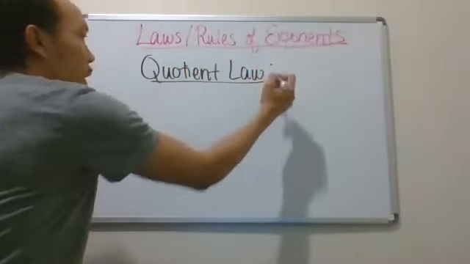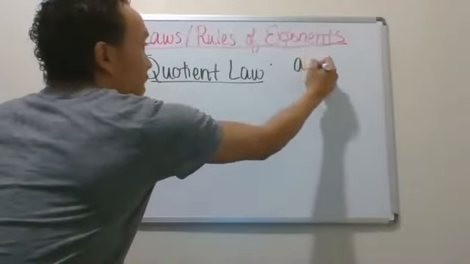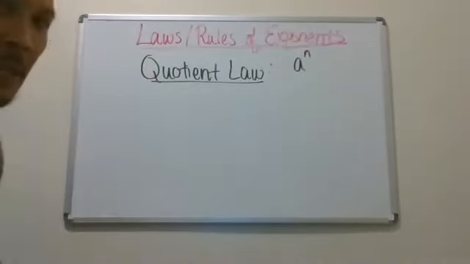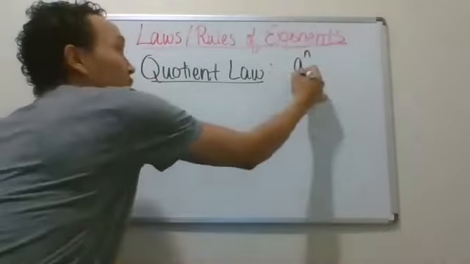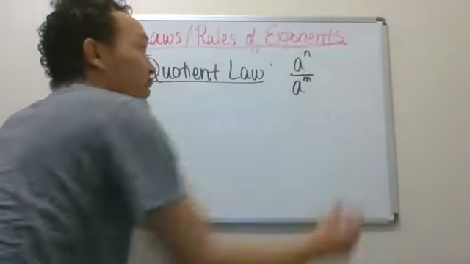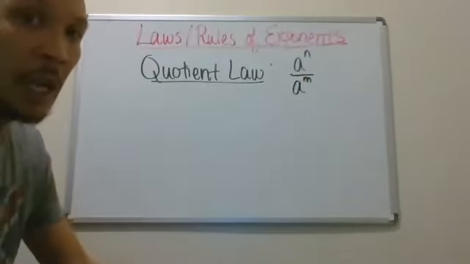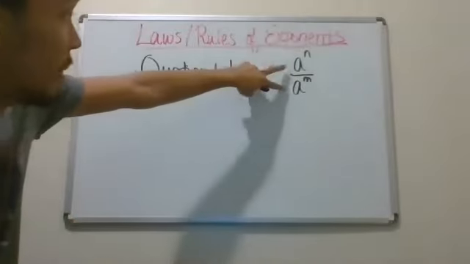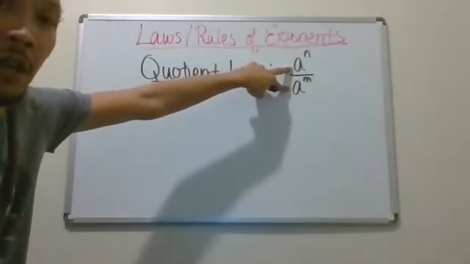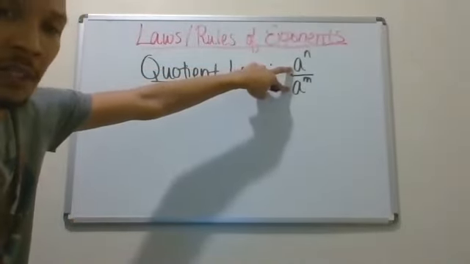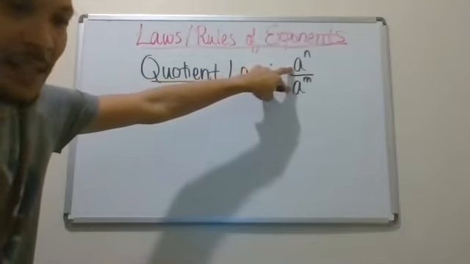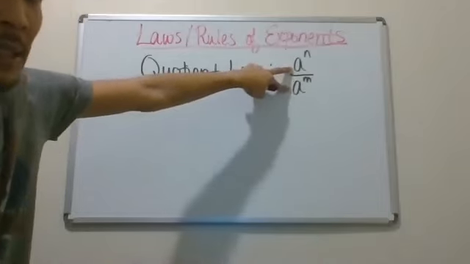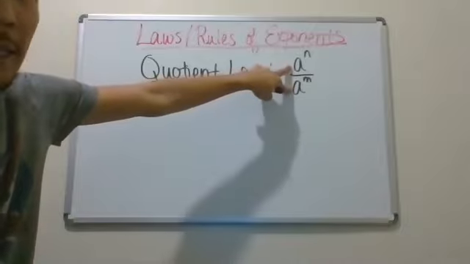All right, so with quotient law, we have some exponent, a to the n power, that is being divided by a to the nth power. And notice here, my bases are the exact same variable. This is only true when my bases are exactly the same.